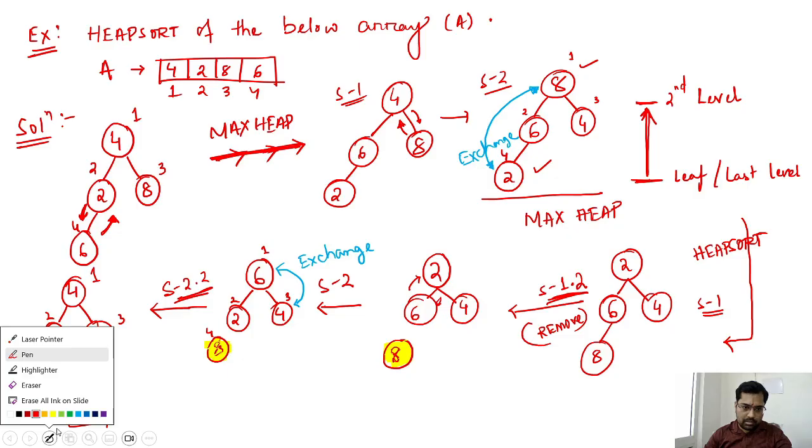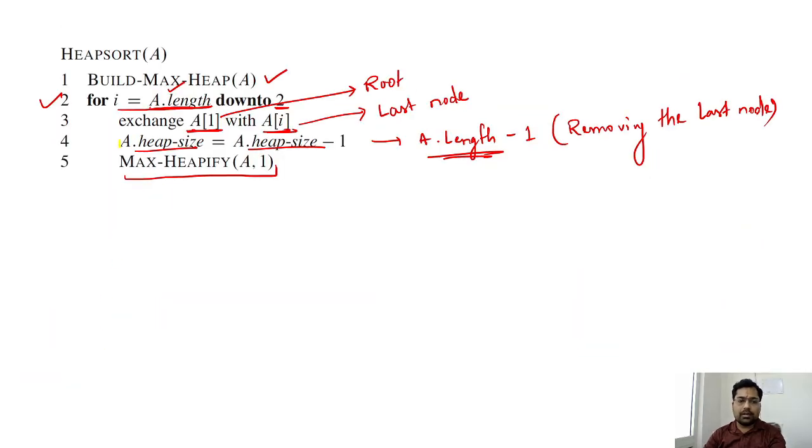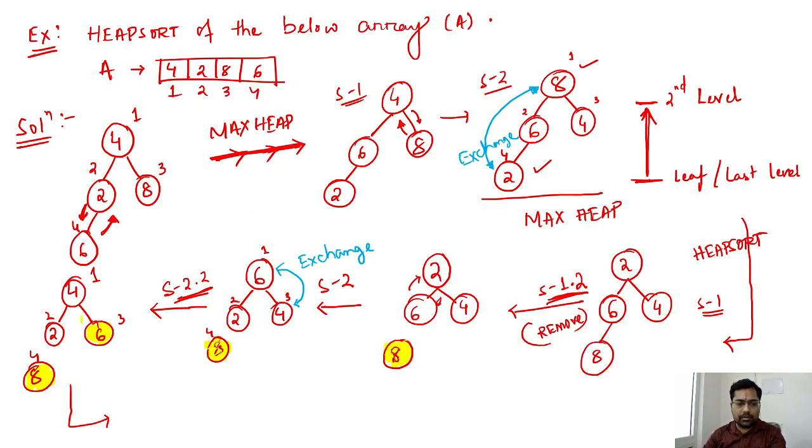So here in step 2.2 we have to remove what we discussed recently. Here it has already been deleted and removed. Now 6 we have to remove, because once the exchange has been done, next we have to remove it.